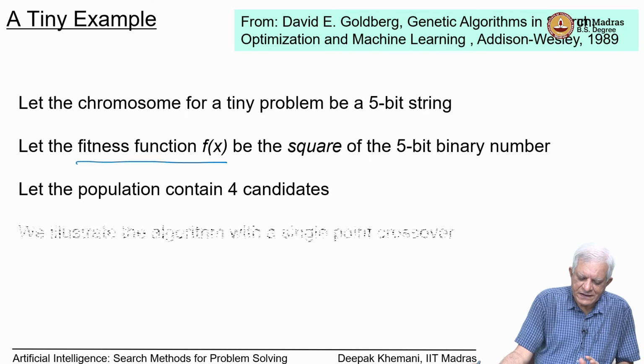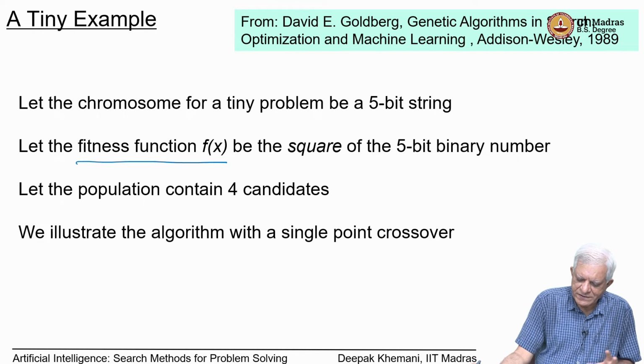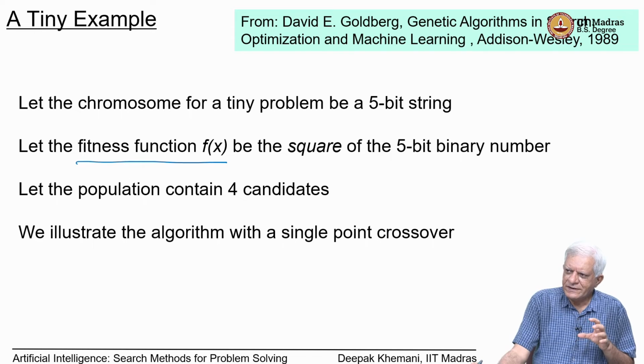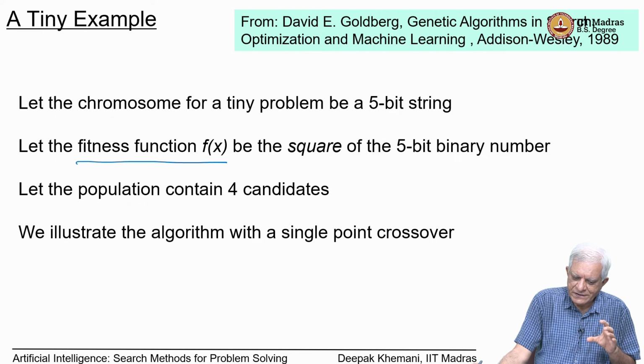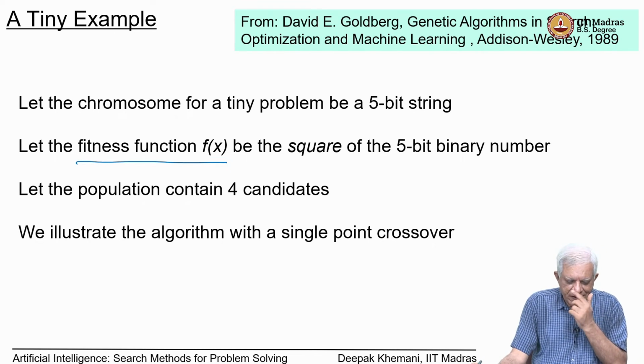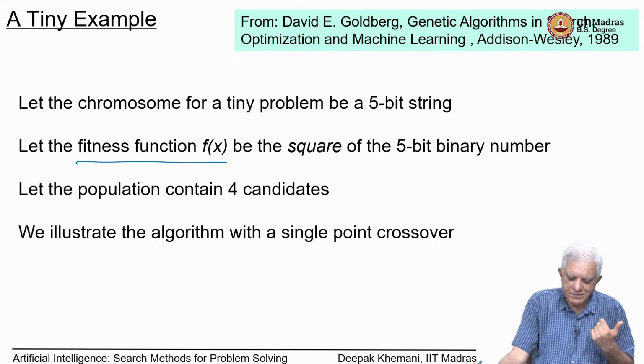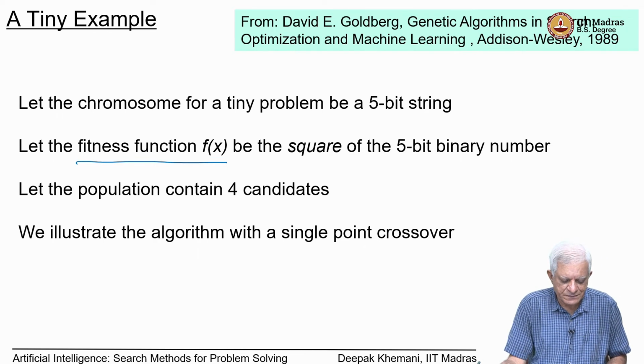And let us say that there are 4 candidates, we have a small population of only 4 candidates. In practice, it has been observed that for genetic algorithms to work well, we must have a large and diverse population. Why diverse? Because we want all different kinds of genes to be present in the population. If the population is small, then some genes may be present and some genes may not be present.